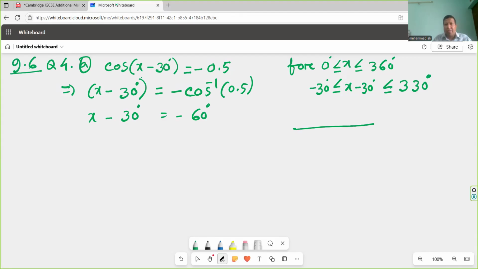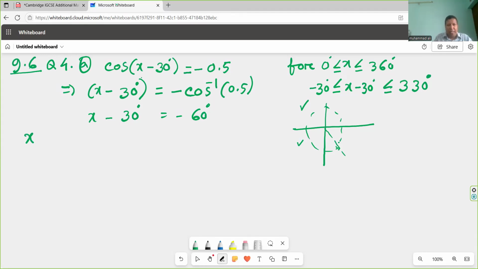Now we will check from the quadrant where cos is negative. We have to remember we will start from minus 30 to 330 degrees. Here where cos is negative. Cos is negative in the second quadrant and also in the third quadrant.